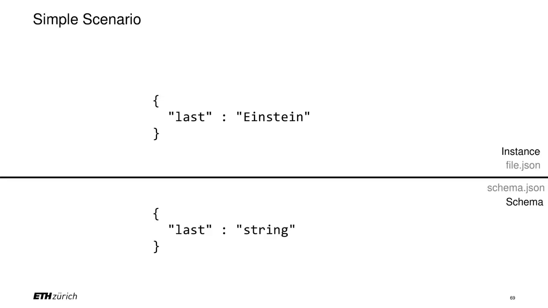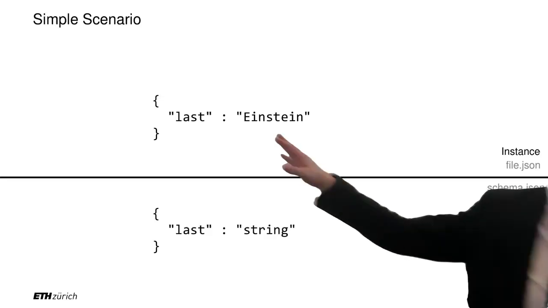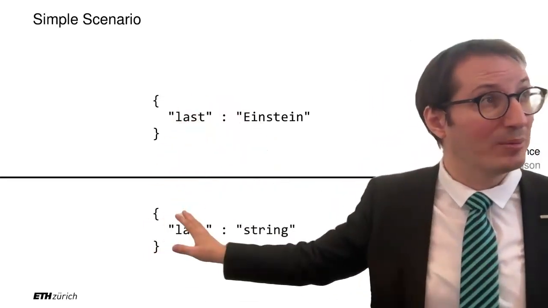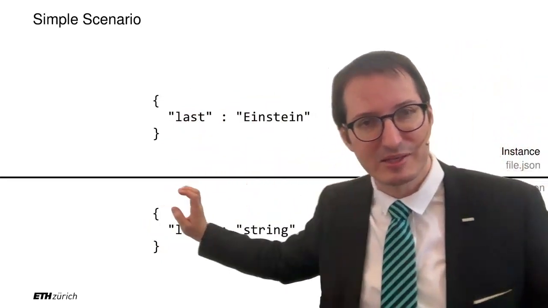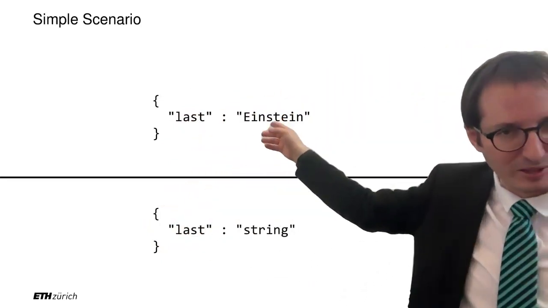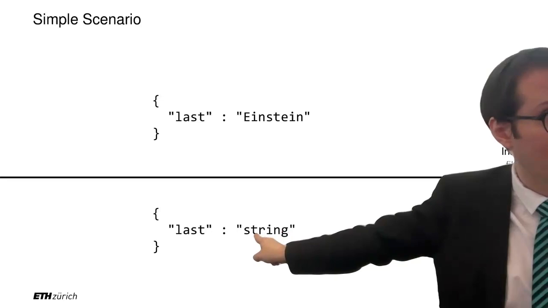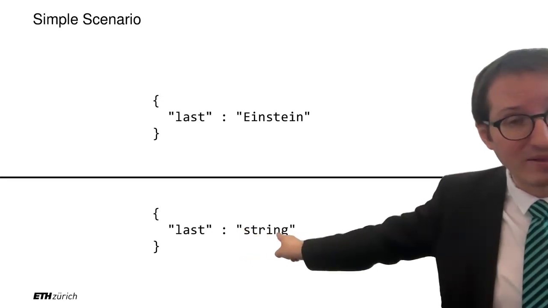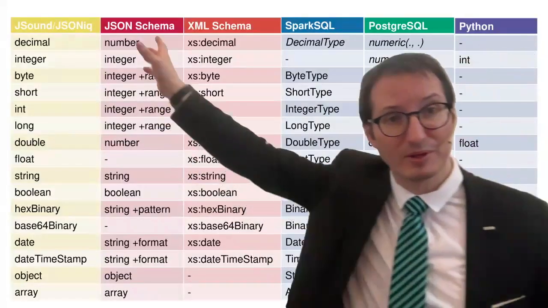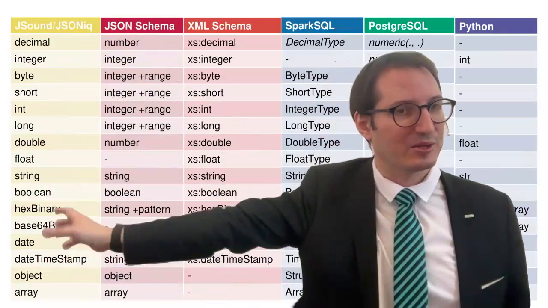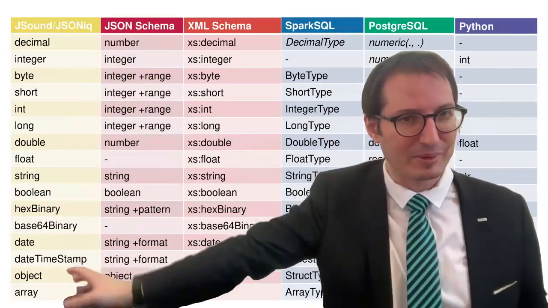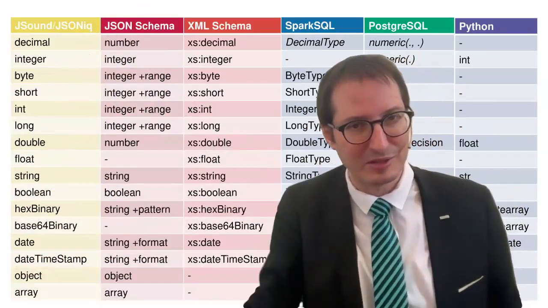Now your second observation is also correct, and that's actually a feature of JSound, that it's meant to be this way: they look alike. They look very much alike. The only difference is that here you have the actual value in your instance. Here you have a type, string. Moreover, that type is taken from this column. There are many more actually, it's not everything, but you can use any of these types.